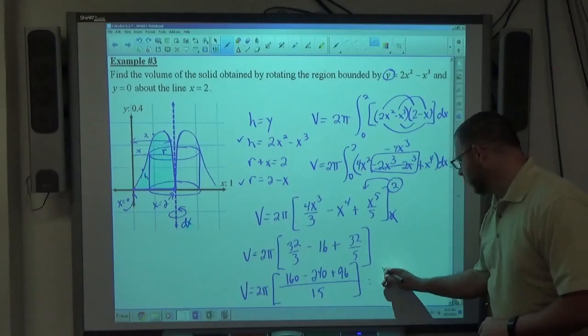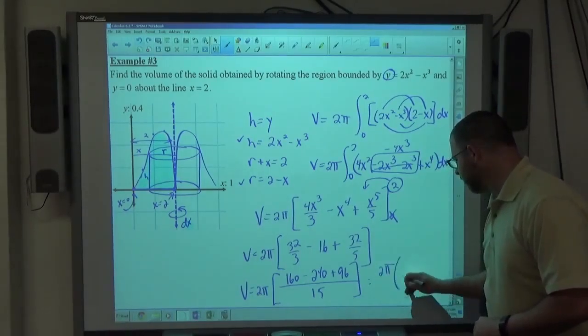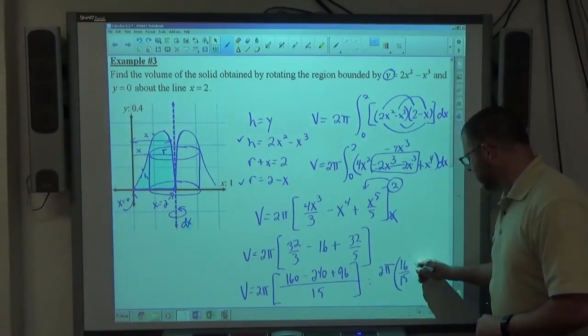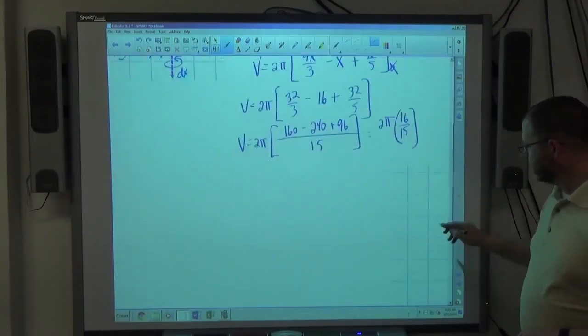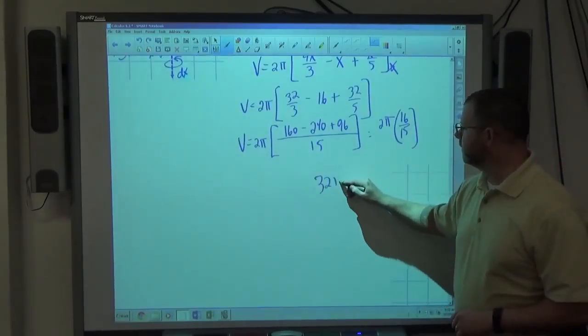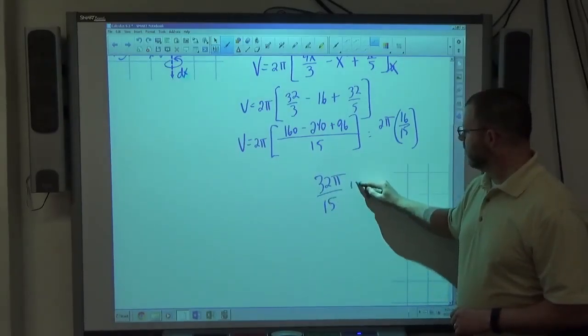So I get 2 pi times 16 over 15. So the answer is 32 pi over 15. Units cubed.